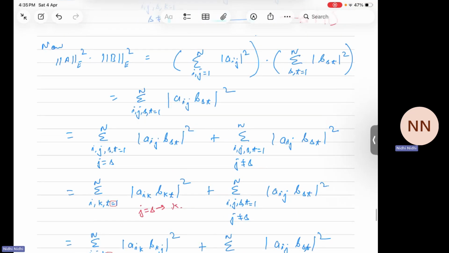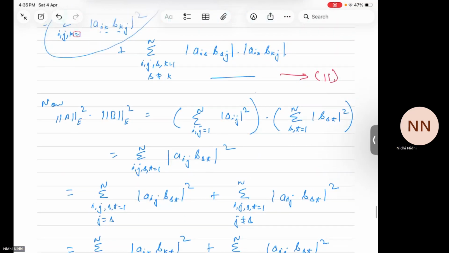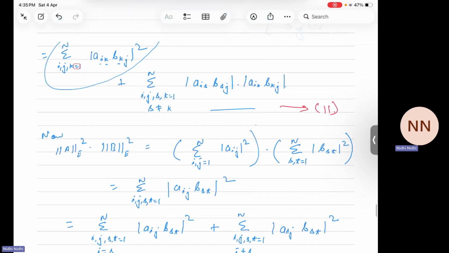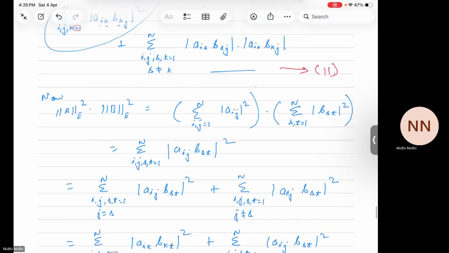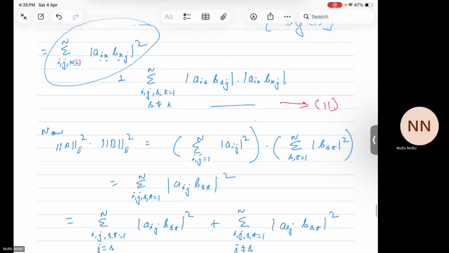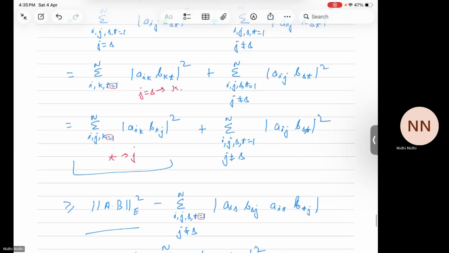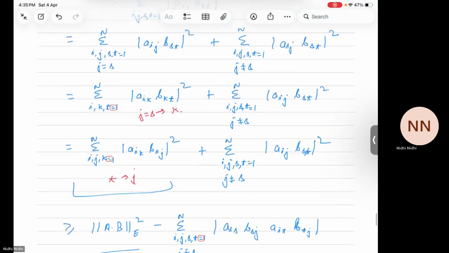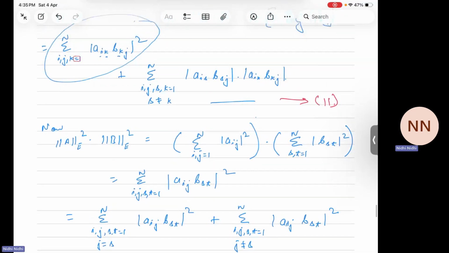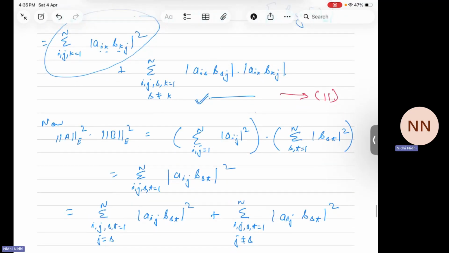It was s not equal to t. Yeah, when we called this inequality 2, the second term was s not equal to k.